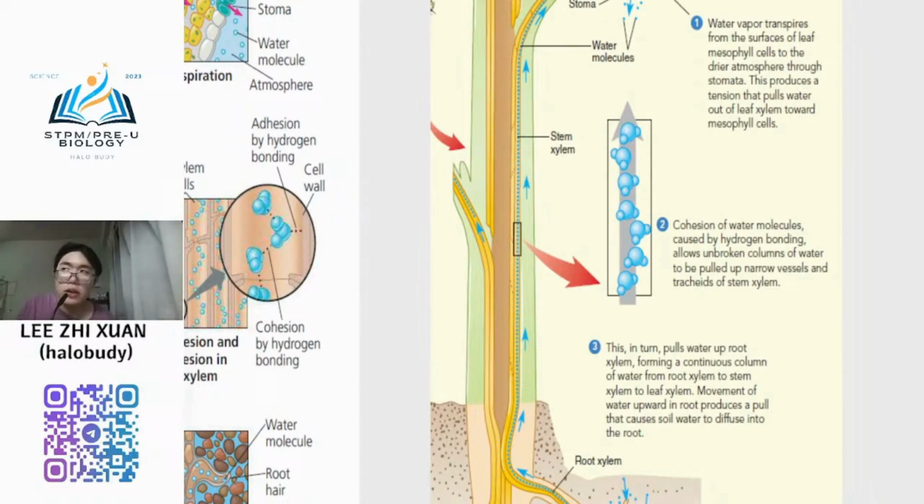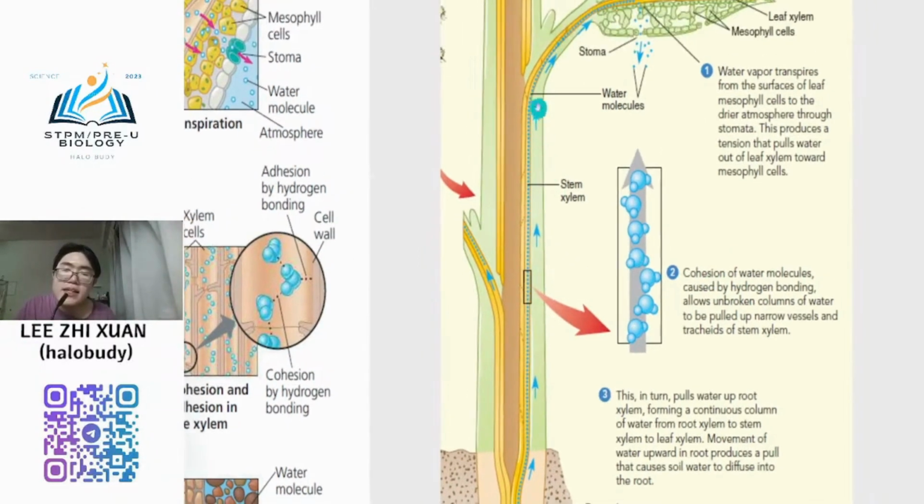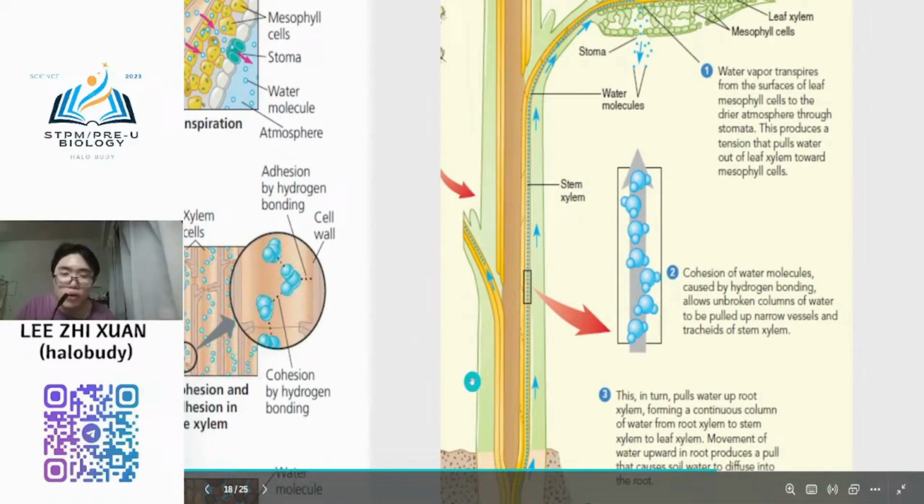Although you may have forgotten, maybe in chemistry you still remember, hydrogen bond is one type of stronger bond compared to the covalent bond, right? So hydrogen bond is strong, so they will have the cohesion force and also adhesion force inside your stem. So this is what we call the cohesion-tension theory.